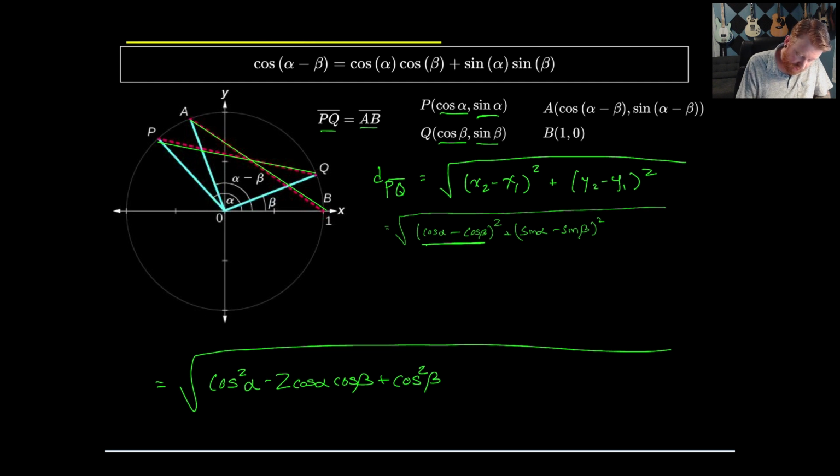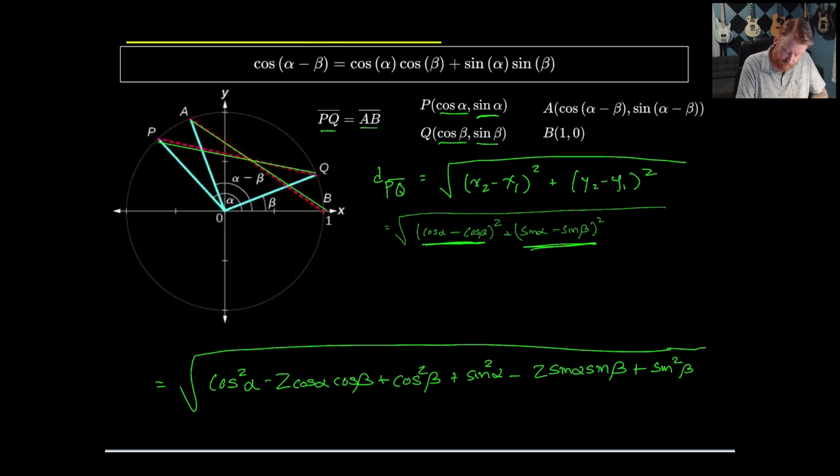That's just squaring out this first half here. And if I square out the second half here, I'm going to get plus sine squared alpha minus 2 sine alpha sine beta, and then plus sine squared beta. Okay, so there we've got that all multiplied out.